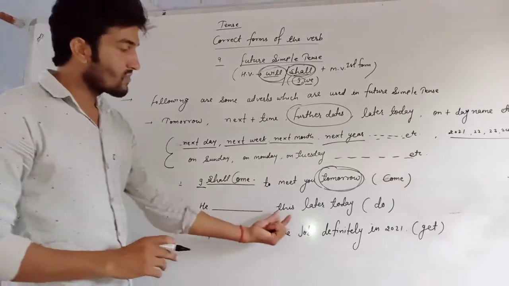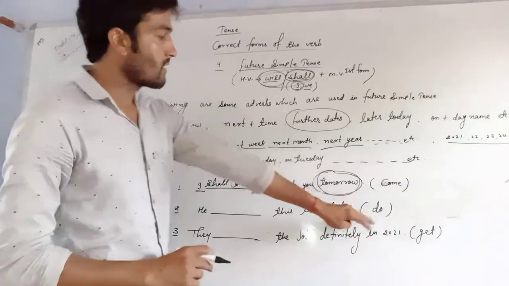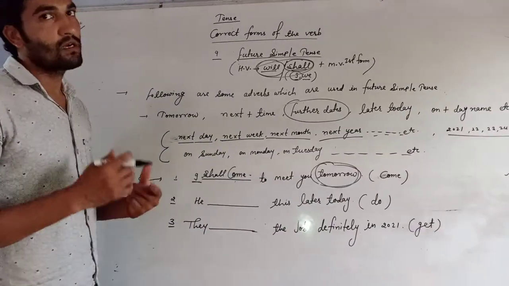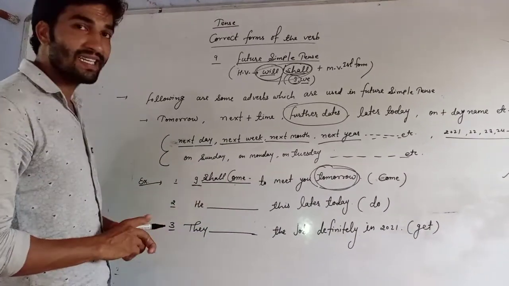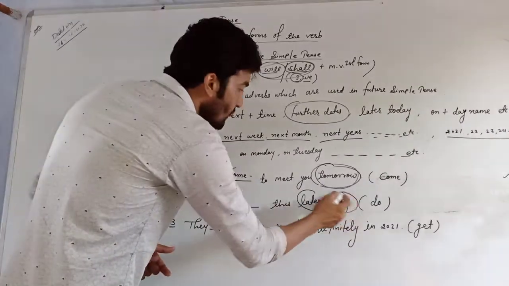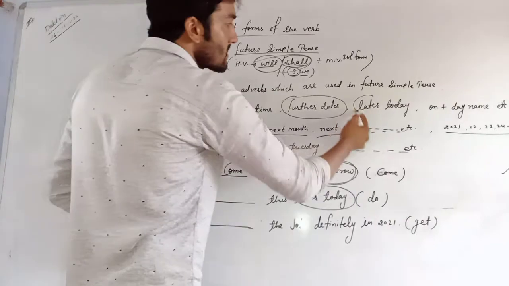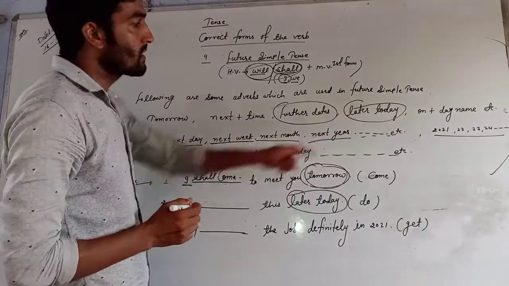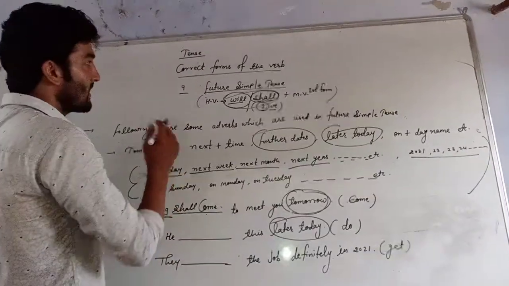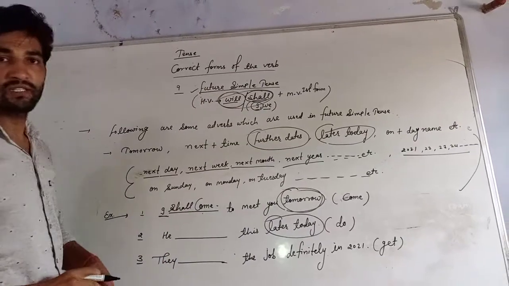Next sentence is: he blank this later today. In the bracket, the verb is do. Look at this sentence. You find later today, and later today is an adverb which is used in future simple tense.